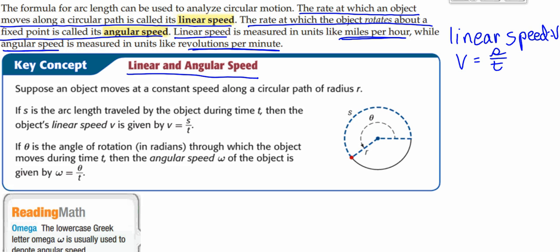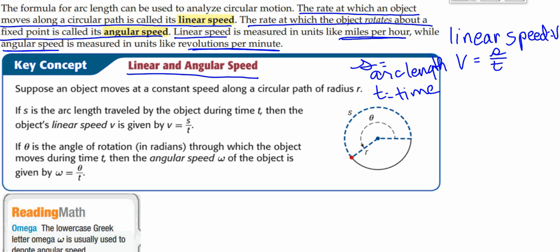So v is the linear speed, s is the arc length, and t is time, whatever dynamic of time that we have.